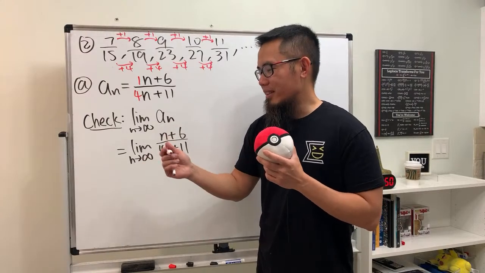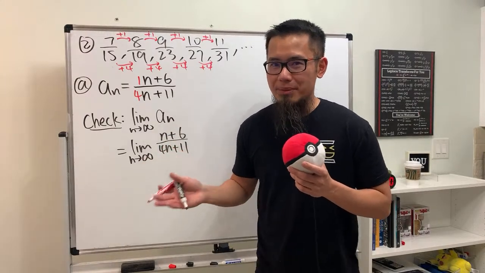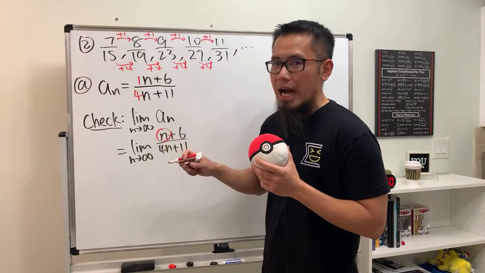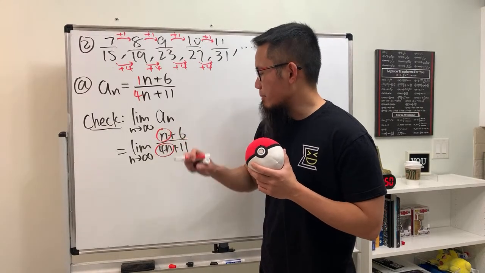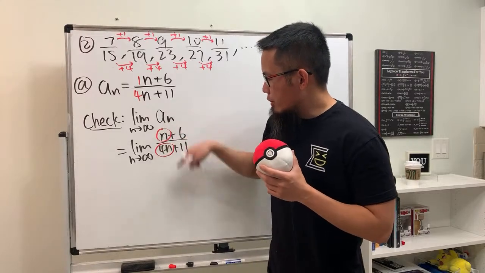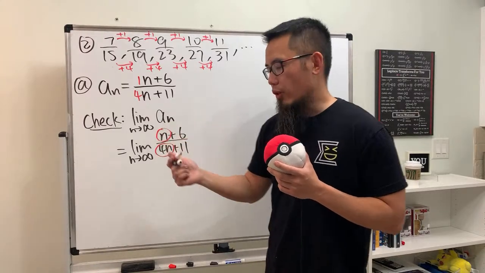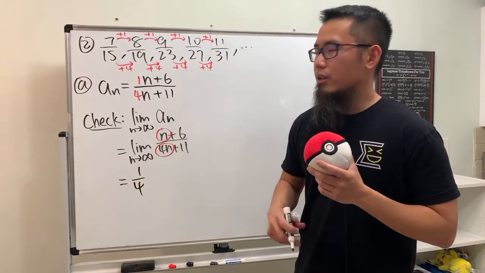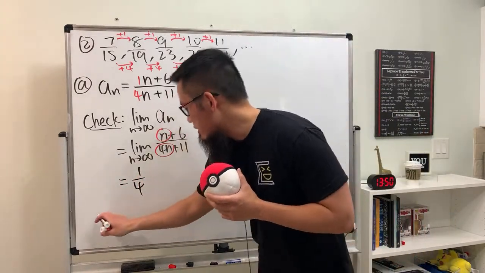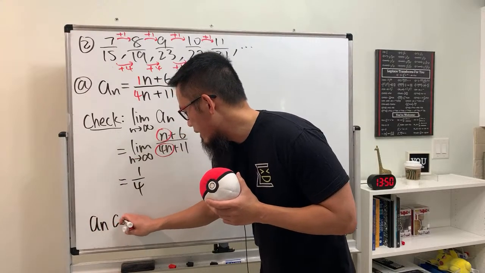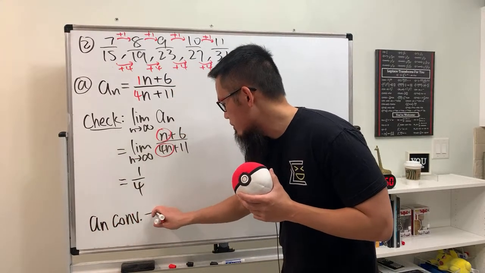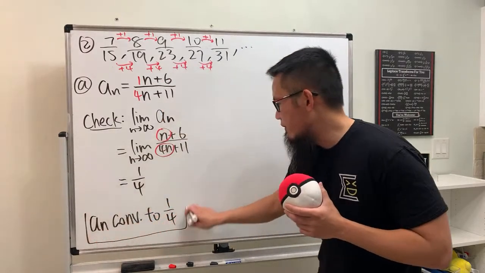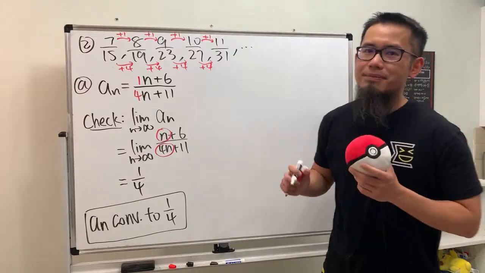As n goes to infinity, this is like everybody's favorite limit question, because all we have to do is pay attention to the highest power of n on the top, and then the highest power of n on the bottom. n and n reduce out, and we get 1/4 for the final answer, like that. So, ladies and gentlemen, a_n does converge. I'll just write that down, and we'll say a_n converges to 1/4. So this is very nice. All right, cool.